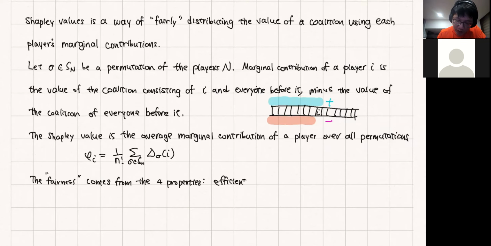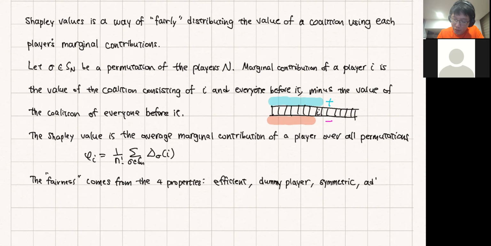For the dummy player, if it doesn't contribute to anything, then it will get 0. Symmetric: if two players equally contribute to the same things, then they should get the same Shapley value.